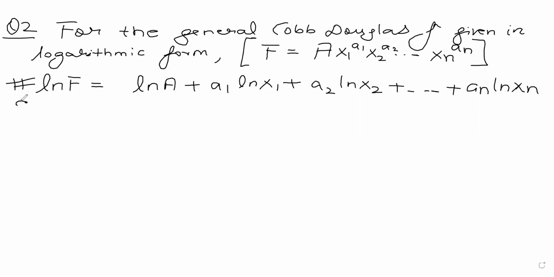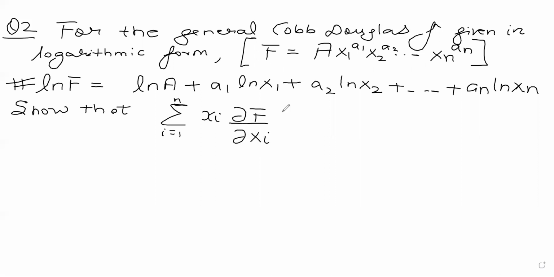The question asks us to show that summation as i goes from 1 to n, xi times del f by del xi equals a1 plus a2 plus dot dot dot an times f. Again, this is a question which uses the concept of partial differentiation. Okay, so let's solve this question.